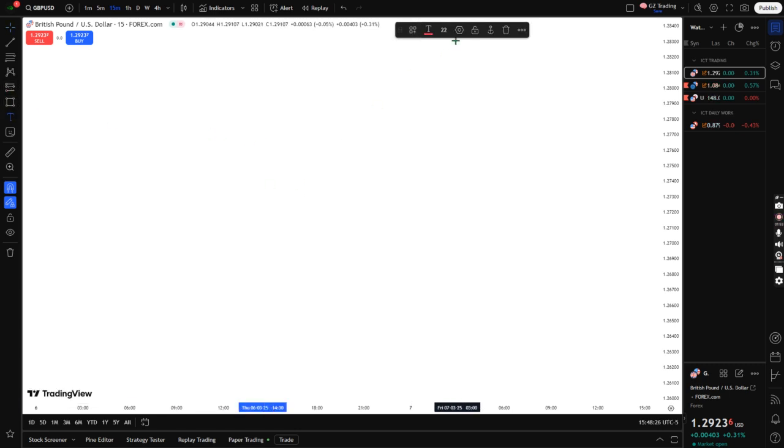The risk to reward ratio, which we represent with RR, is the comparison between the take profit and the stop loss.